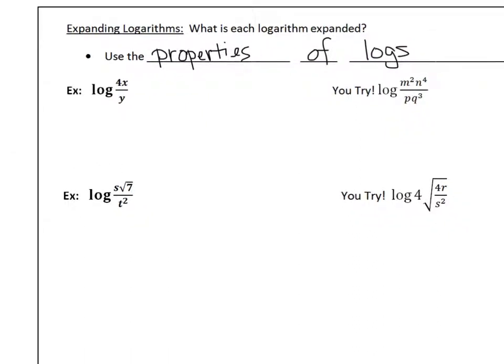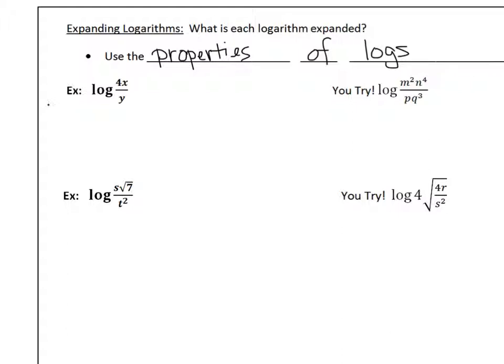So we're looking at all of our, since we have single logs here, we're expanding them. So every individual piece that you see in the problem needs to have its own log. So for example, this 4 is going to have a log, the x will and the y will, each piece.